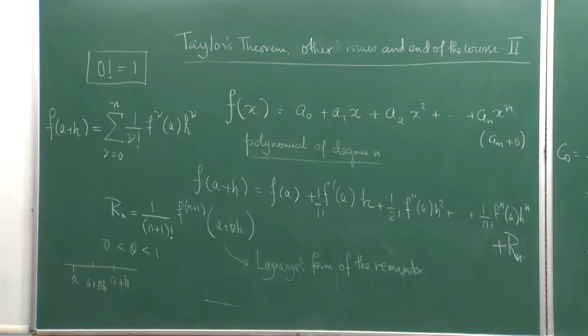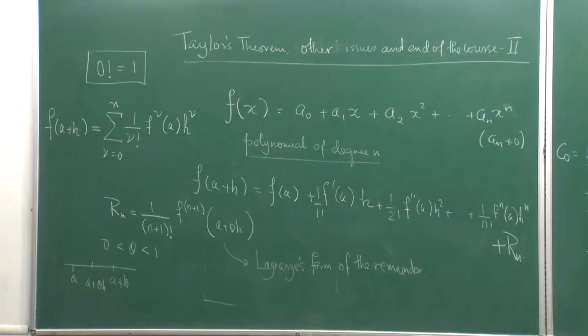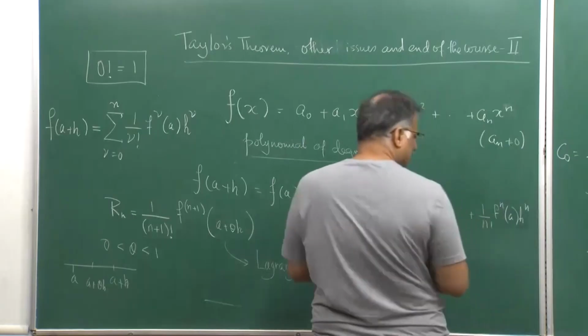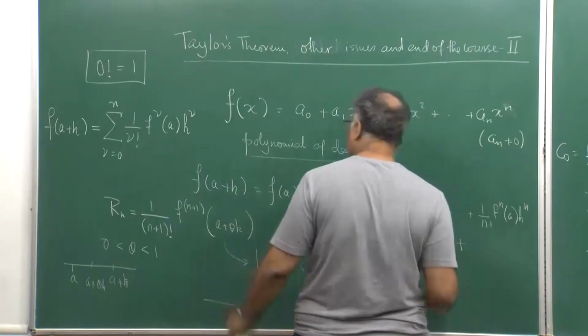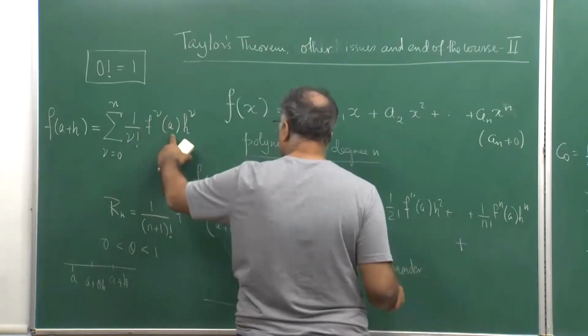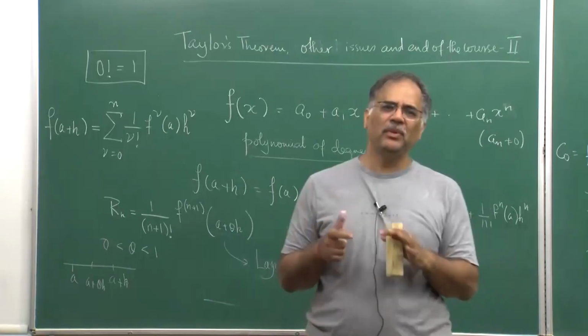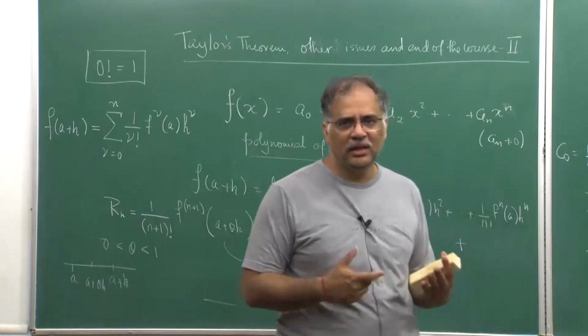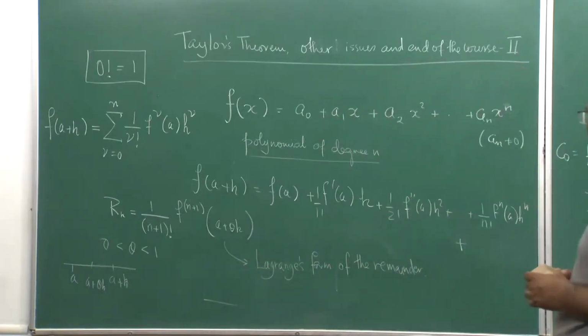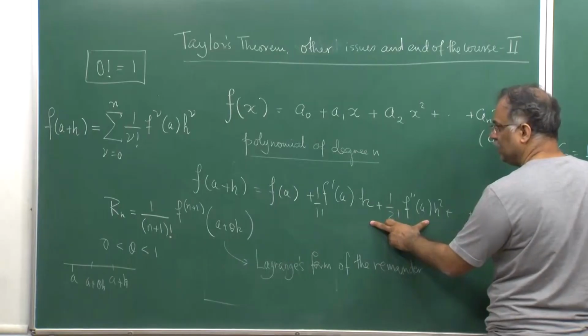But suppose in my mind I want to think that it is like a polynomial, then I would say that I am able to do an exact expression, but not with f n plus 1 of a, but f n plus 1 of some form like this, a plus theta h. So, this is the nth order expression, the Taylor polynomial Pn.